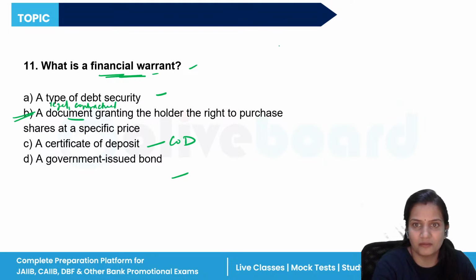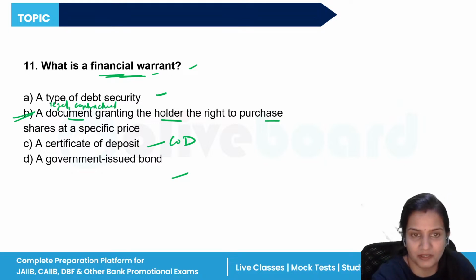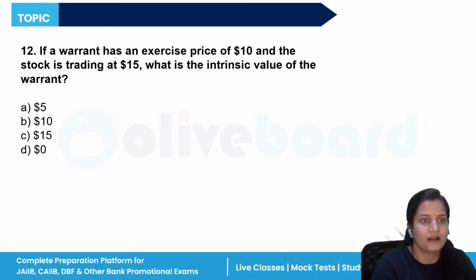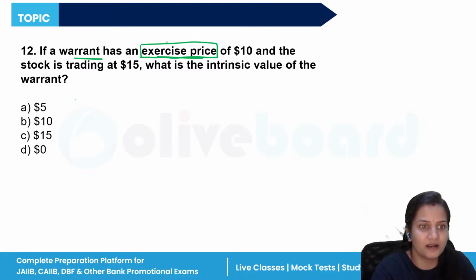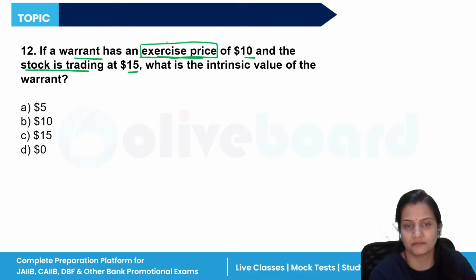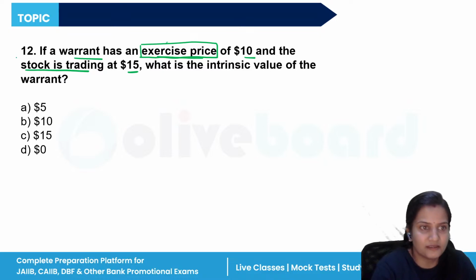It is a contractual agreement where the holder is given the right to purchase or sell the shares of the issuing company. If a warrant has an exercise price of $10 and the stock is trading at $15, it means the underlying asset value is $15 and the exercise price is $10.